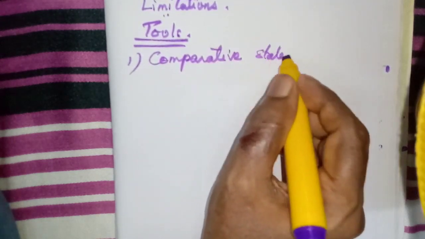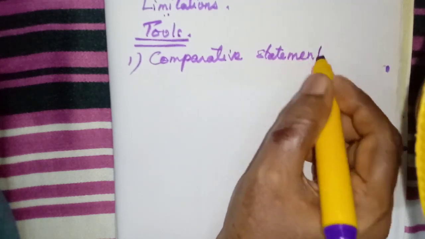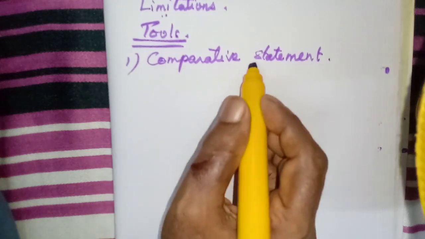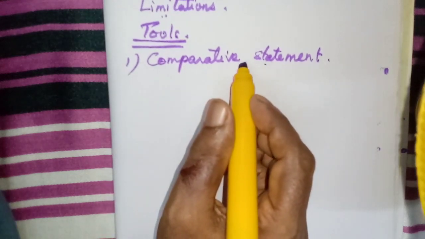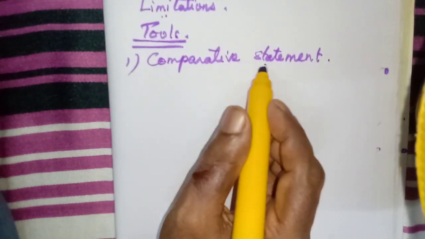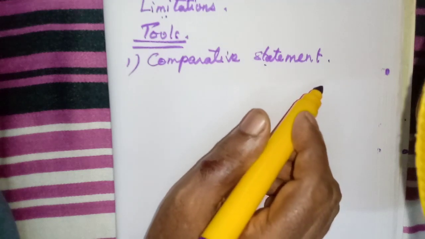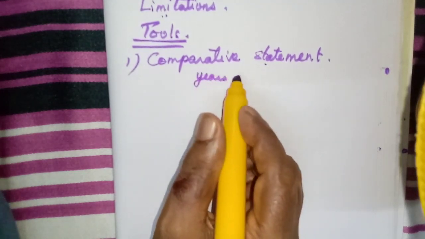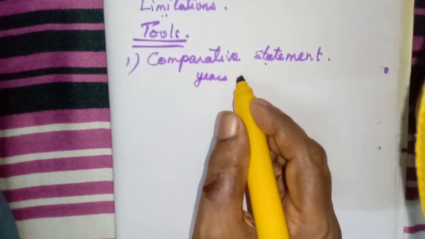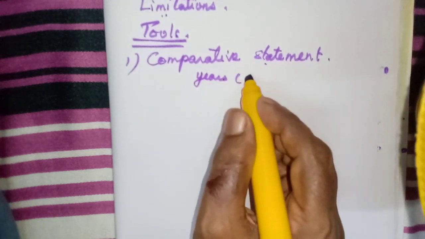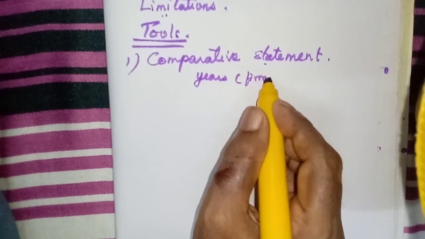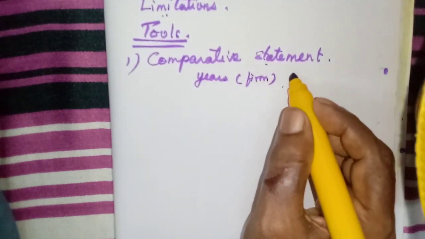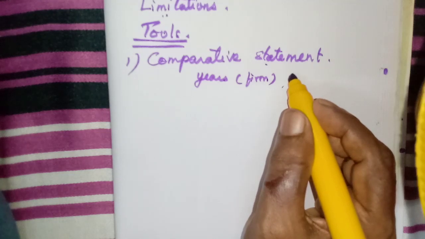Here only we are going to do the problems. Comparative statement: both the income statement and the balance sheet can be compared. We can compare different years of the same organization or different firms also. 2 years or 3 years will be given.